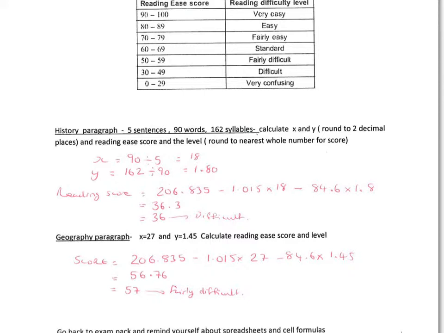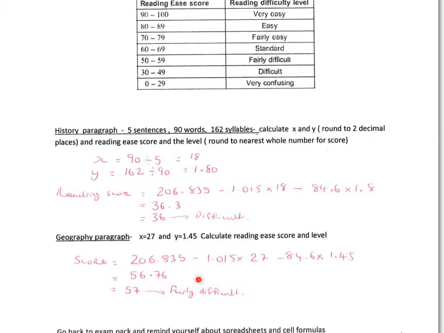Instead, in this question, they may give you the x and y already calculated, so you don't have to calculate them yourselves. You would go straight to the formula, learning how to input x and y in this formula. So you type in the whole formula, with the x replaced with the x value and the y replaced with the y value, remembering you're doing 1.015 times x, take away 84.6 times y.